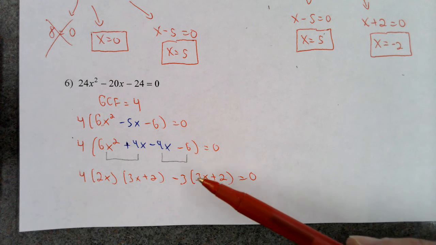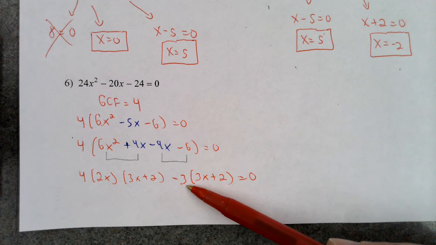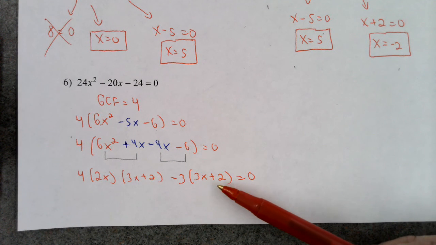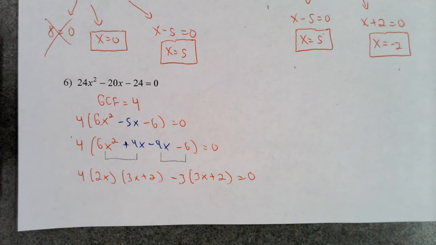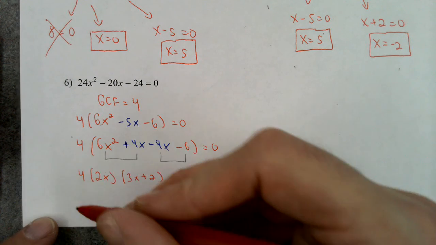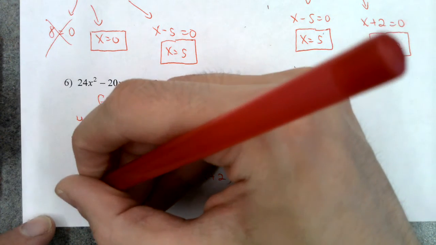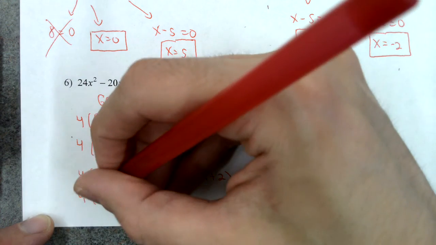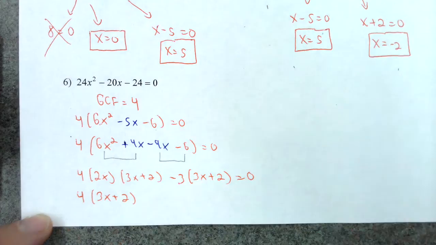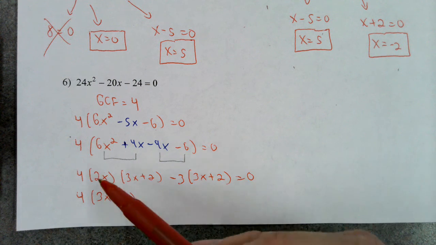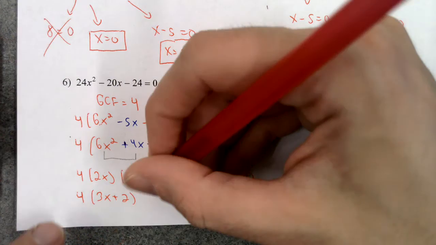If you accidentally take out a positive 3, then you're going to have negative 3x minus 2, which does not match those parentheses. Okay, but at this point, the parentheses 3x plus 2 match, so that gets factored out front. Keep writing the 4 first. 3x plus 2 gets factored out. Everything left over, in this case 2x minus 3, comes after that.